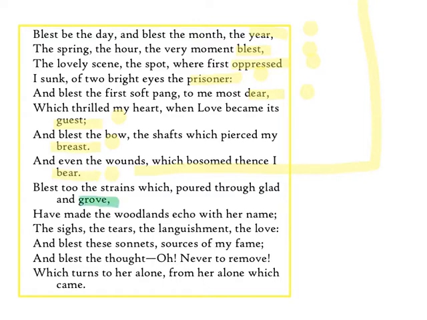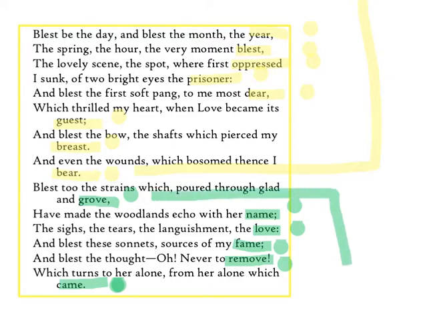So we have like grove, name, love, another slant rhyme, fame, remove, came. So we would have like a C, D, C, and then a D, C, D. Okay, so then these last 6 would count as the sestet.